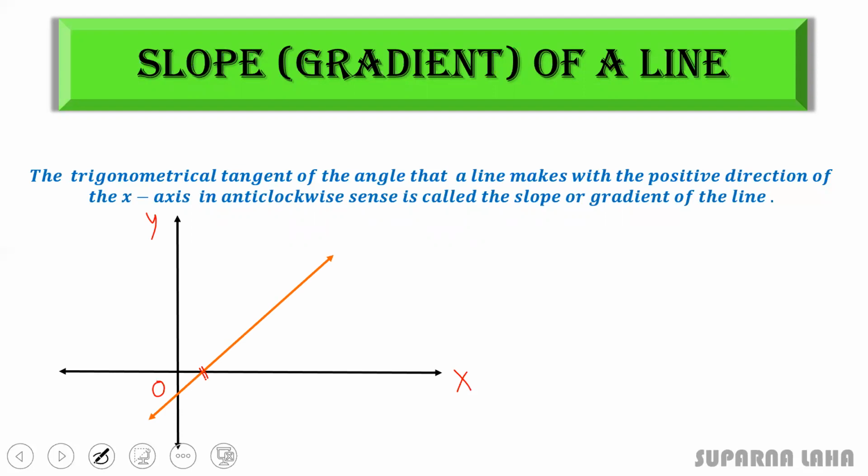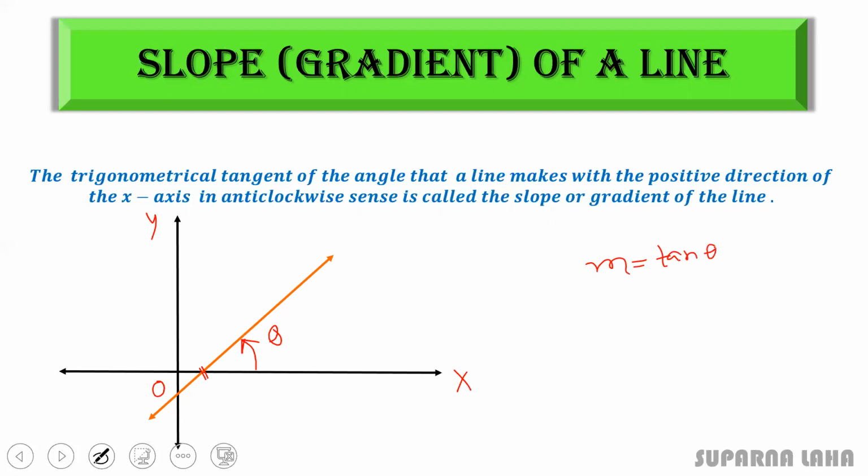Now look at that. This line makes an angle theta in a positive direction with the x-axis, then we will call the slope or the gradient m, which equals tan theta.